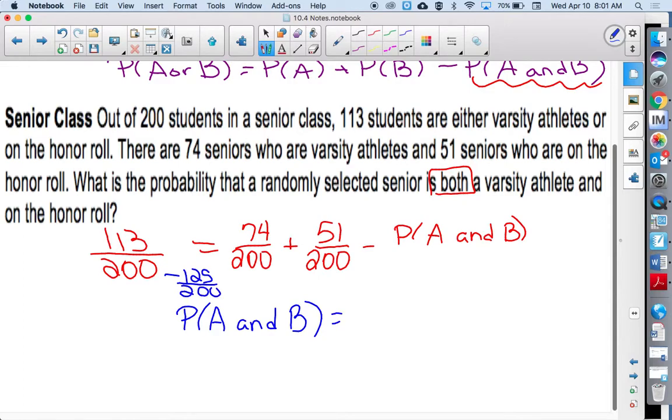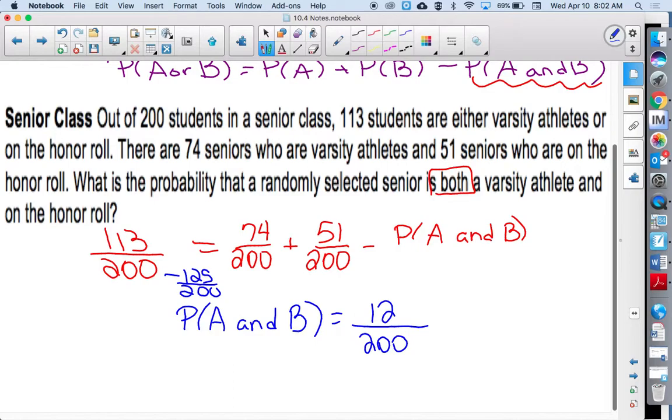That's going to give us a negative number, but we're also subtracting the probability of B and A, so it becomes a positive value. So Will, 125 minus 113 is? So the probability of A and B would be 12 out of 200.